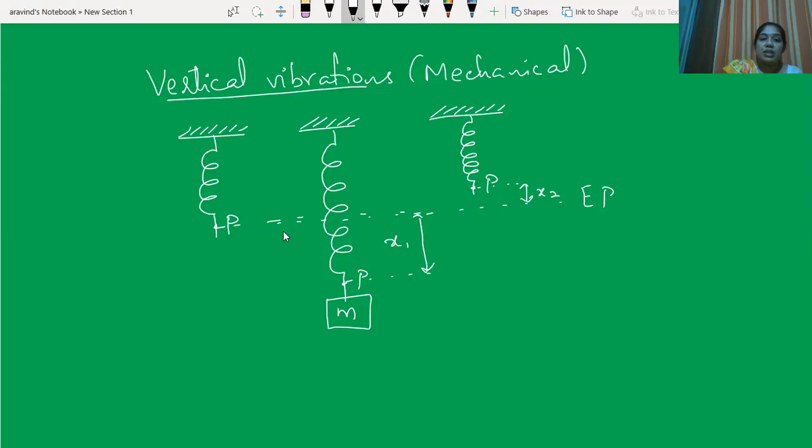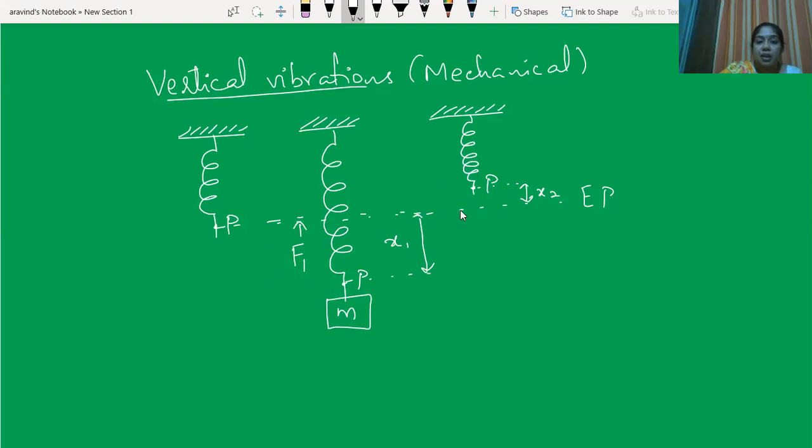So how do I say this is a simple harmonic motion? Whether the spring expands or contracts, there exists a restoring force. How is there a restoring force? In the case of expansion, the restoring force, say F1, acts in this direction because F1 tries to bring the spring to its equilibrium position.